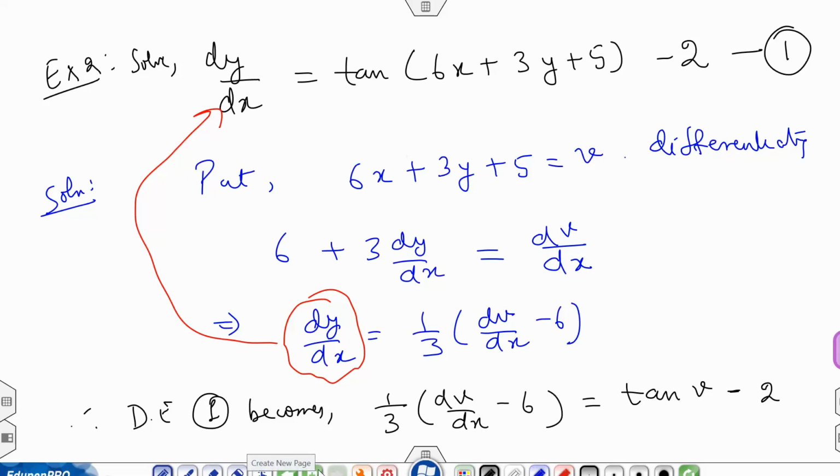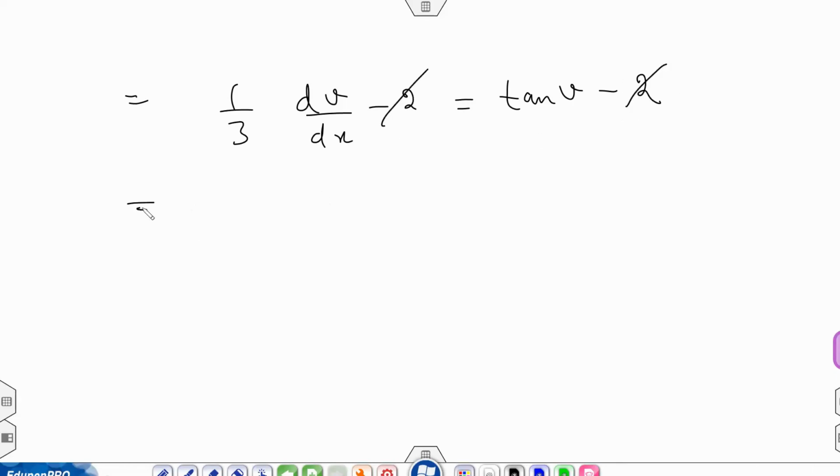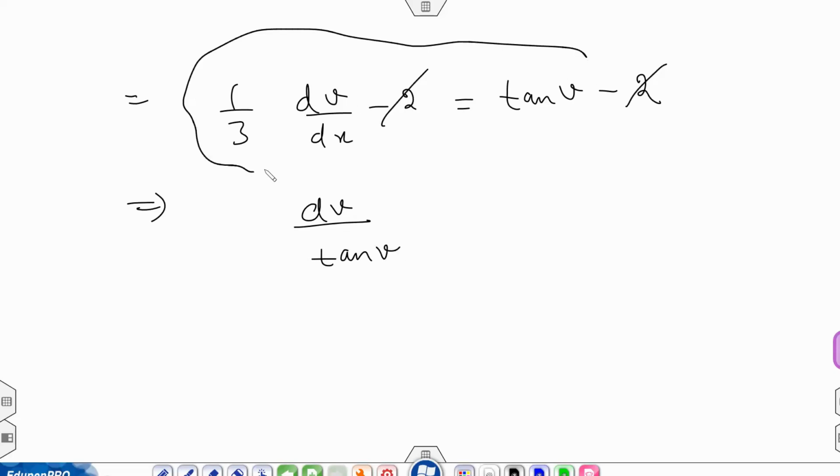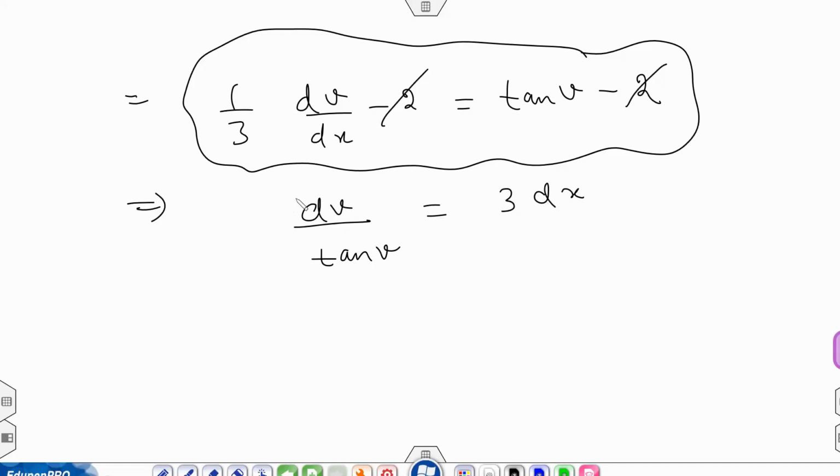Now this will be 1 by 3 dv by dx minus 2 is equal to tan v minus 2. So here 2 got cancelled out, and this implies that dv by tan v, you can easily see that here it is now a variable separable form where you can put dv and function of v together and the functions of x together.